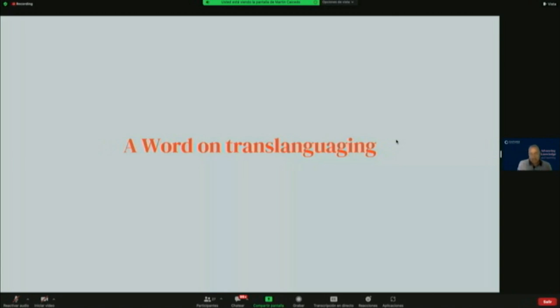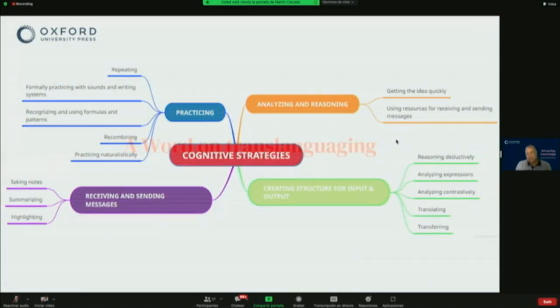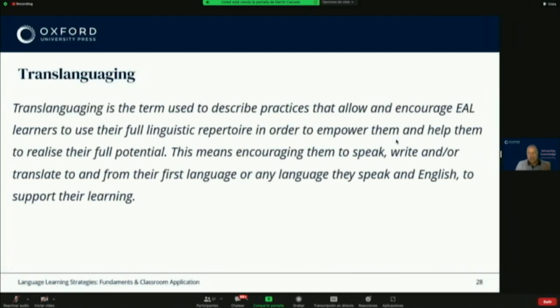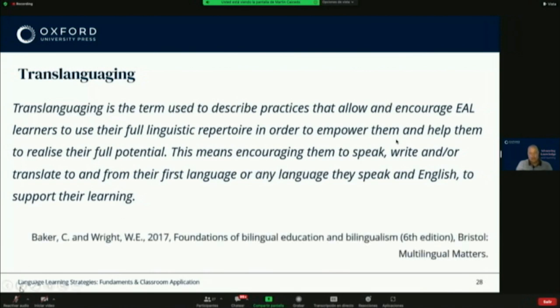But my message here is that translanguaging is not a fad, it is a phenomenon that is present, that is here, and is not going anywhere. And we can take this into the classroom as a strategy.